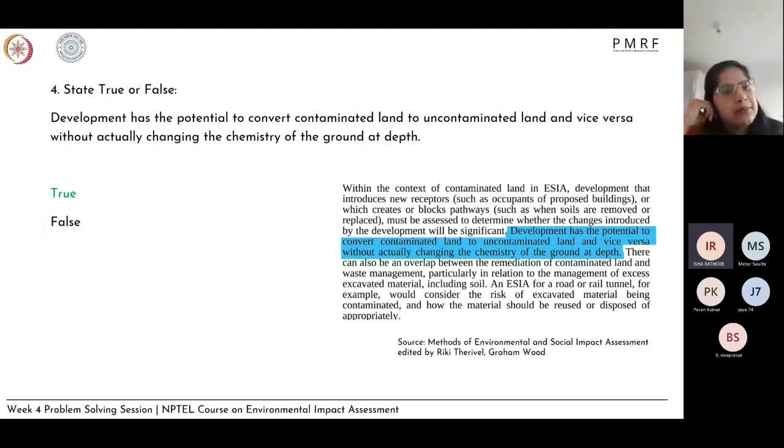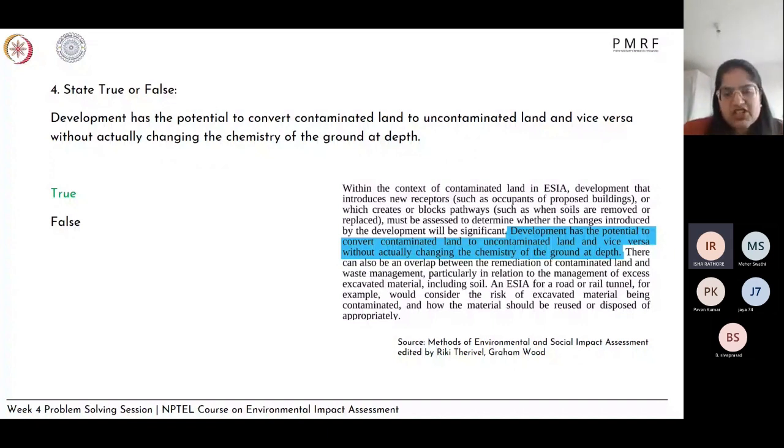So if you have a contaminated land like landfills, and if you build a building on a landfilled area, you basically change the land use of the land, and it basically converts from contaminated land to uncontaminated land without actually changing the chemistry of the ground at depth.